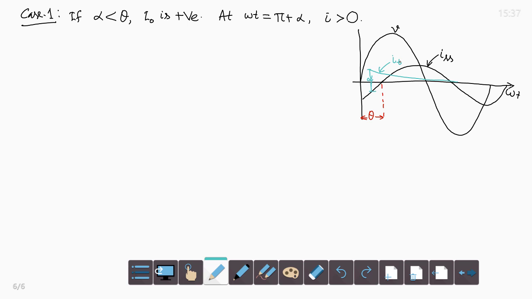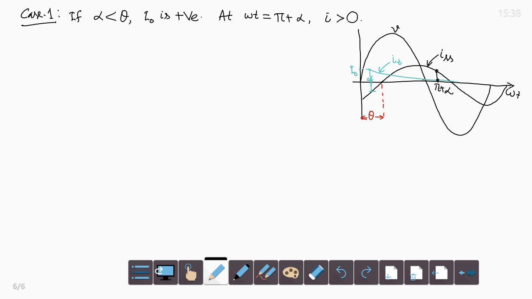Because at omega t equal to alpha, this is the I 0 which is positive, as you can see, mathematically and graphically you have verified. At pi plus alpha, that is here, total current is given by steady state current plus transient component, both are positive. So, resultant current is positive.